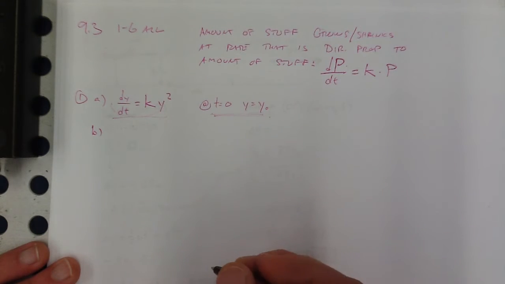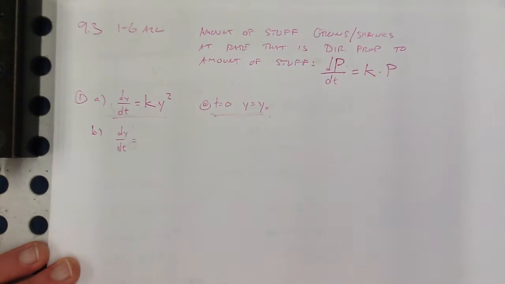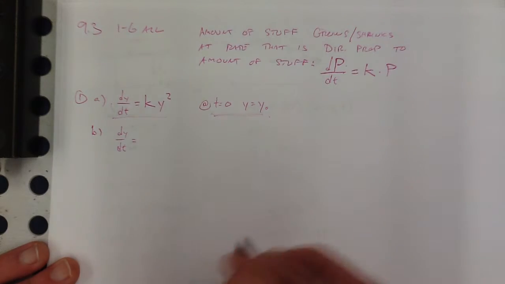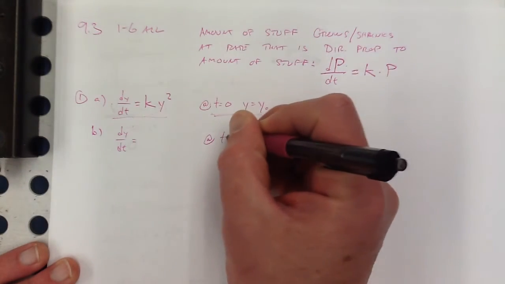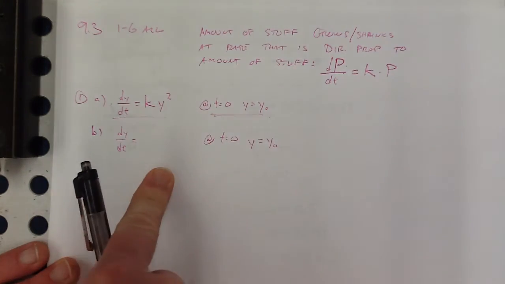Suppose that a quantity decreases at a rate that is proportional to the square of the amount present, and that at time 0, same initial condition, y is equal to y sub 0. Now there's two ways you can go here.